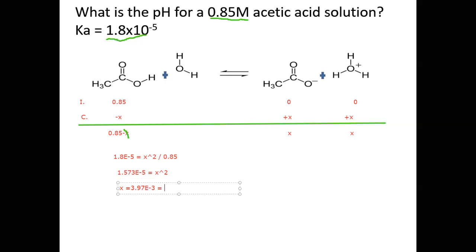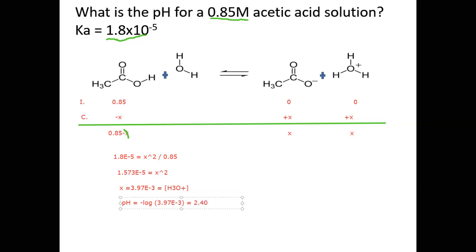Remember, x also equals the hydronium ion concentration. So once we know the hydronium ion concentration, pH equals the negative log of 3.97 e to the negative 3, which equals 2.4. So the pH of the solution is 2.4.